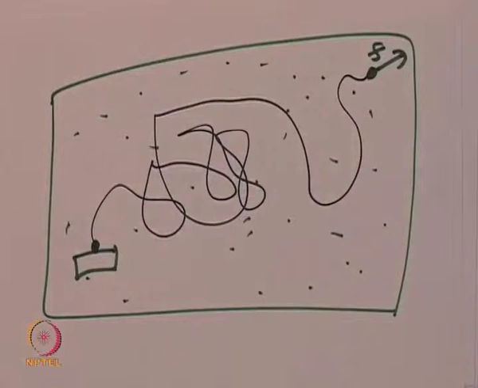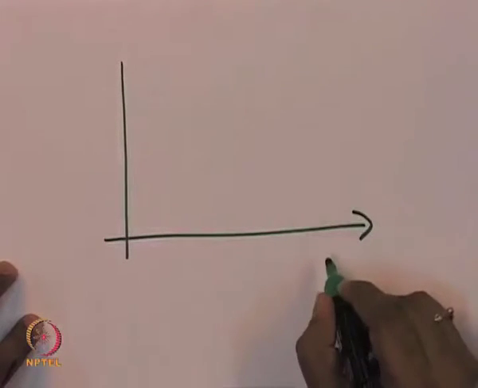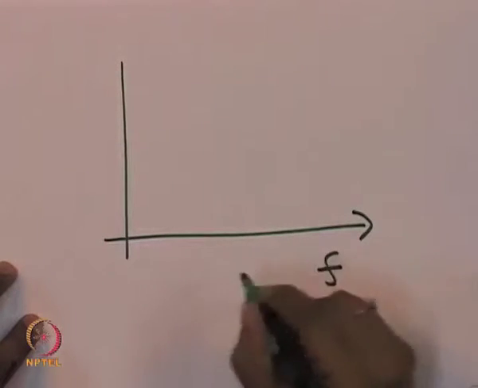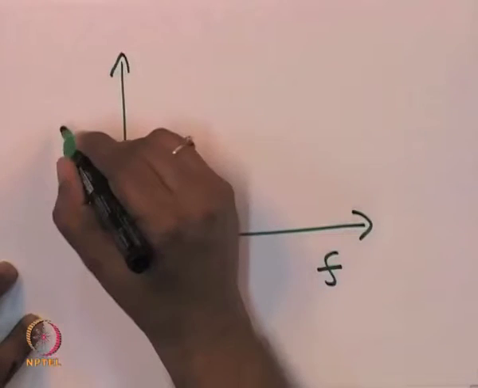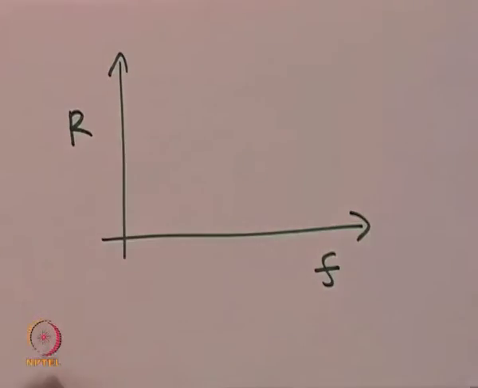How will the graph look like? Let us say we are plotting the force we apply and pull it, against the distance from one end to the other end. Let me call this r.